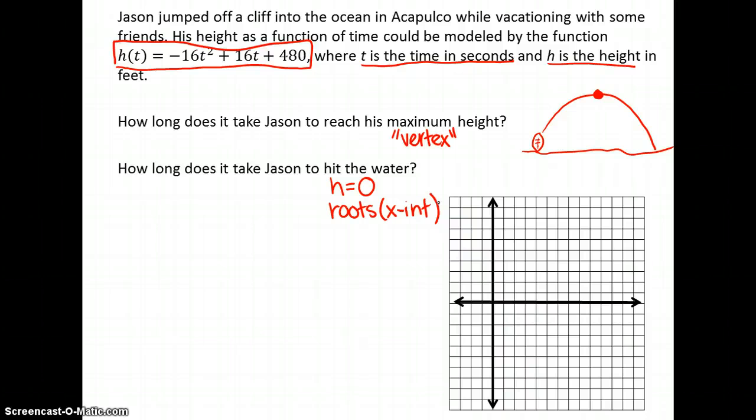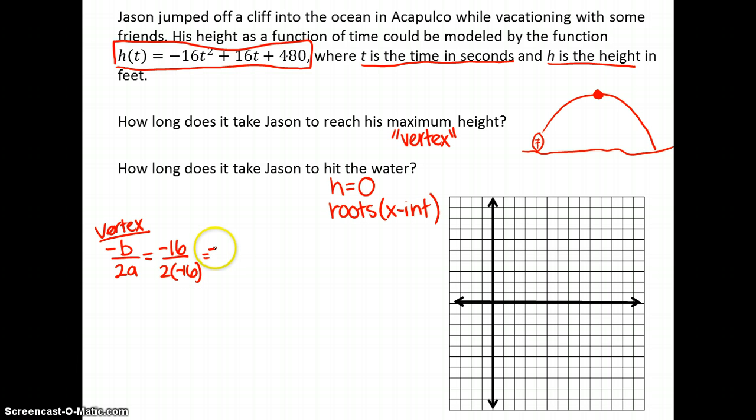So how long does it take Jason to reach his maximum height? The first thing we want to find is the vertex. The equation is in standard form, so we find the vertex by taking negative b over 2a, so negative 16 over 2 times negative 16.